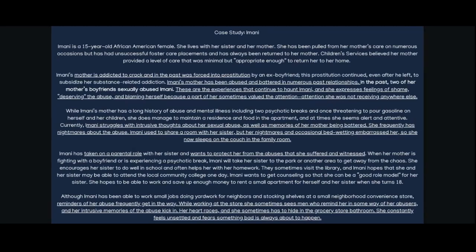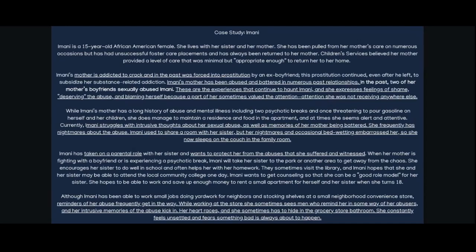We also know that she has been abused and battered in past relationships, so we would assume Imani has witnessed that. That meets criteria right there. But unfortunately, she also has been sexually abused by different boyfriends, so we know that she meets criterion A.